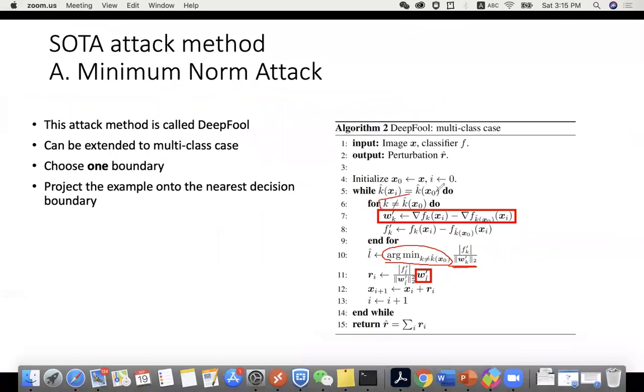For all the classes, we compute the w_k prime and f_k prime. Then we choose the minimum of it. Oh, I think I didn't take a closer look at it. But I think this step is trying to find the nearest boundary.